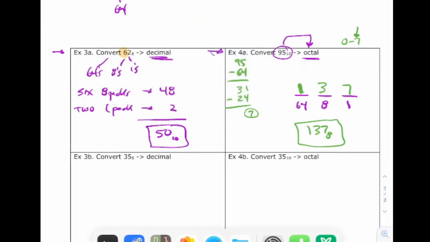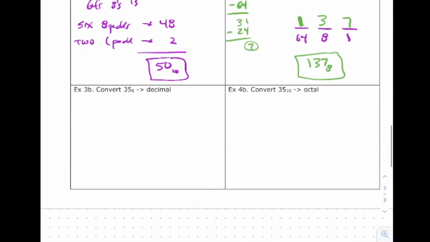Having come back, let's see what I get here. Okay, I want normal. I want decimal means I want normal. Or another way to say it, this 8 here is telling me that this is the 8s place. If I had another place, it would be the 64s and so on. The little 8 is telling me that this number was coded into place value 8s, 1s, and so on.